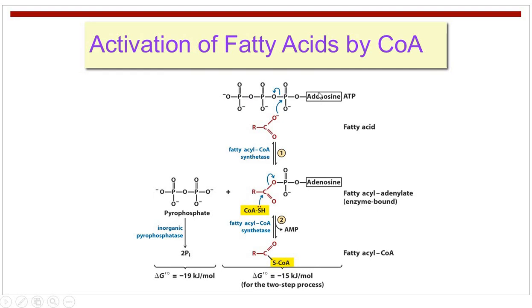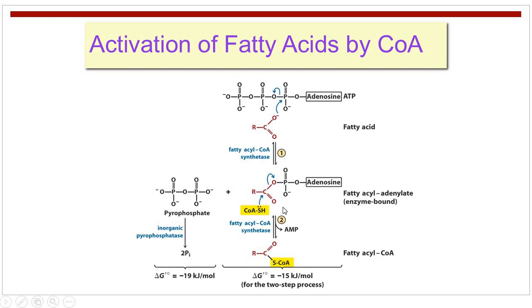This is the structure of ATP. This is adenosine, and this is the triphosphate group 1, 2 and 3. So this is adenosine triphosphate, and it is converted into inorganic pyrophosphate, and the 2 high energy phosphates are used for this reaction.